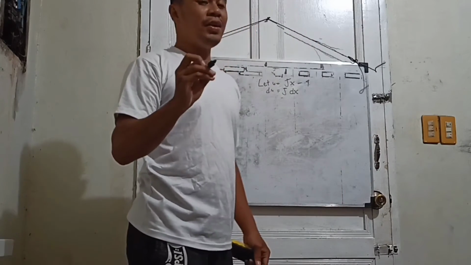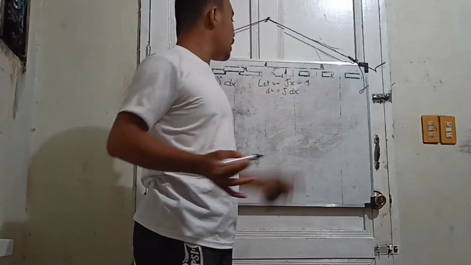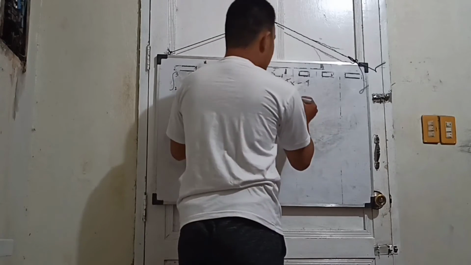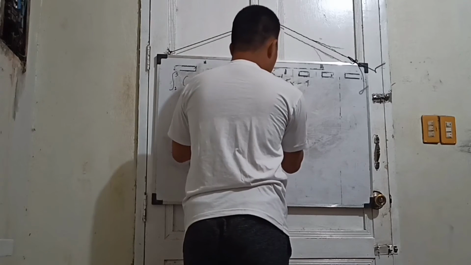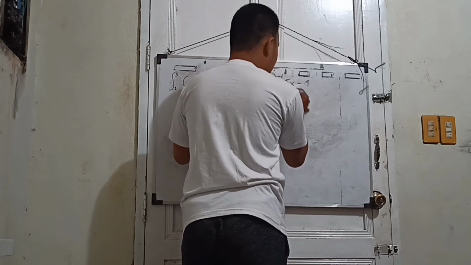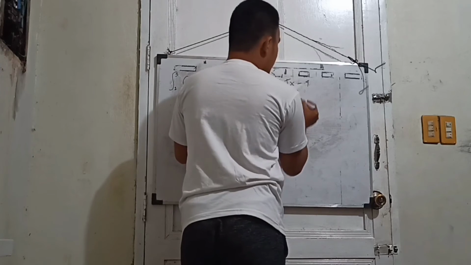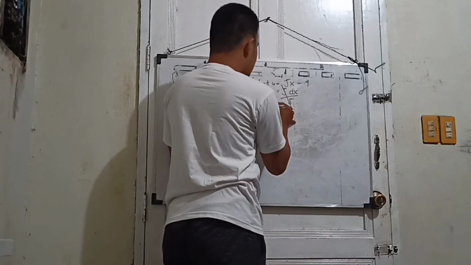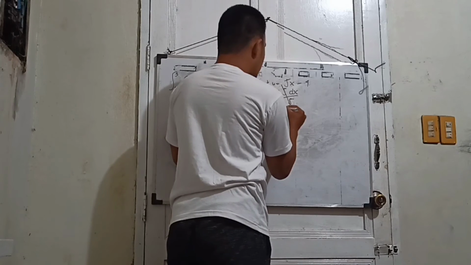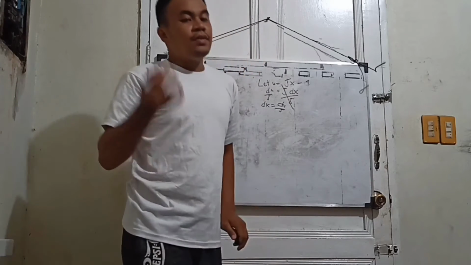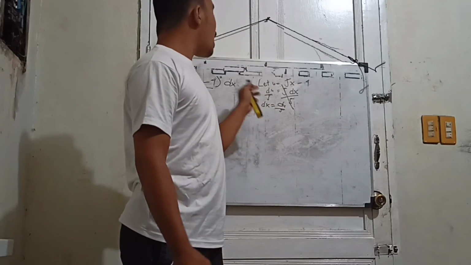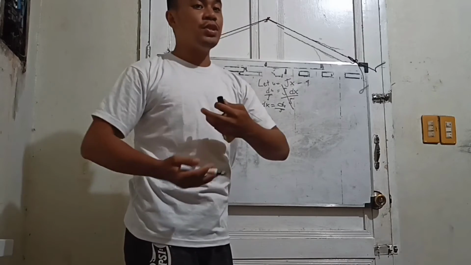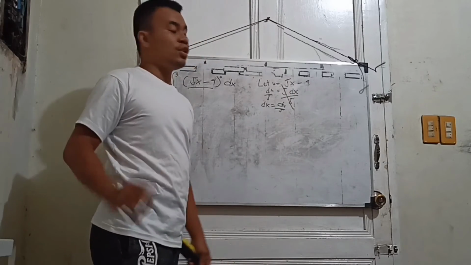And when we are solving for dx, we will just divide both sides by 5 to cancel out the 5 here on dx. So when you cancel it out, the remaining one will be dx, and the value of dx is equal to du over 5. Now that we substitute our equation into u, or we u-substitute it, we'll proceed in solving.